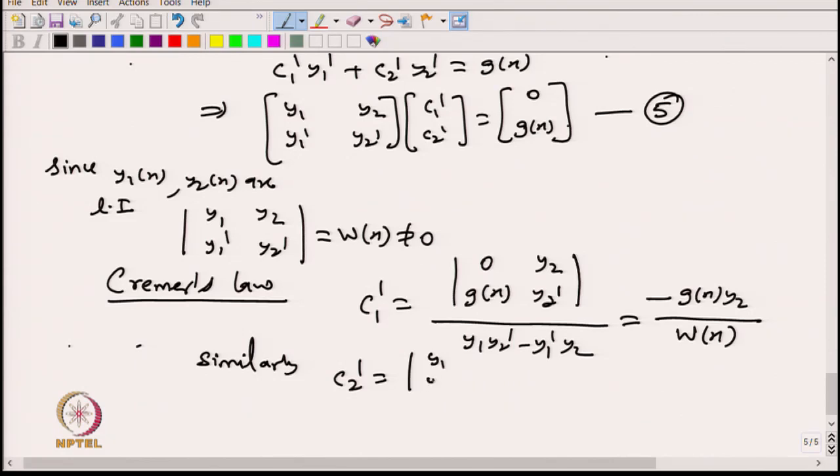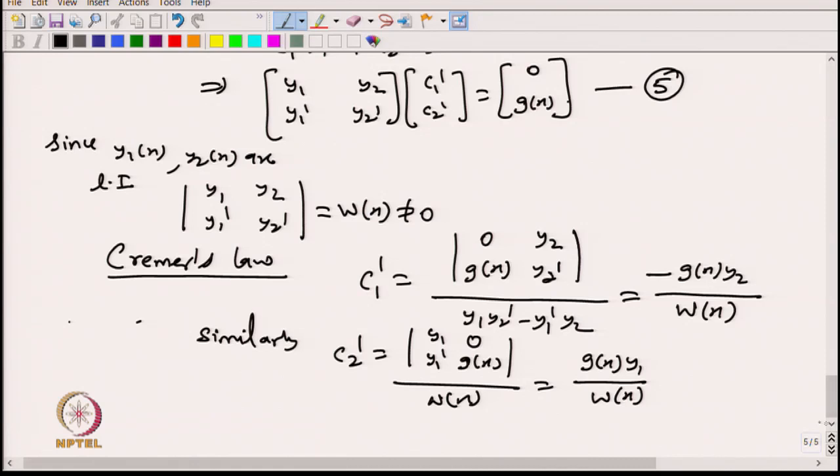This will be the determinant with y1, y2' and 0, g(x), divided by the Wronskian as the determinant of the given matrix. So from here I get g(x) y1 divided by the Wronskian W(x).